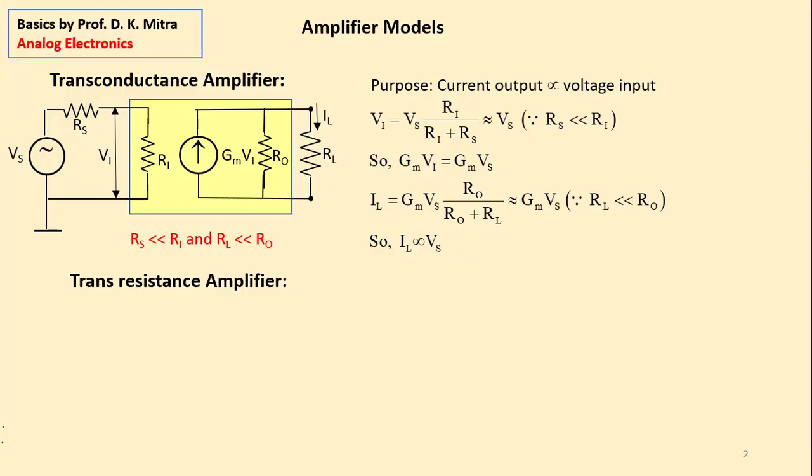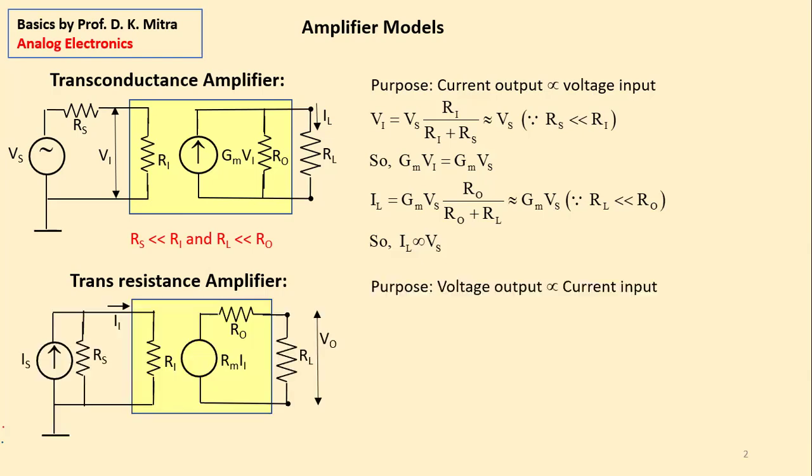The fourth type that is mentioned in your syllabus is the transresistance amplifier. Transresistance amplifier is actually a current to voltage converter. This was voltage to current converter, and this is current to voltage converter.